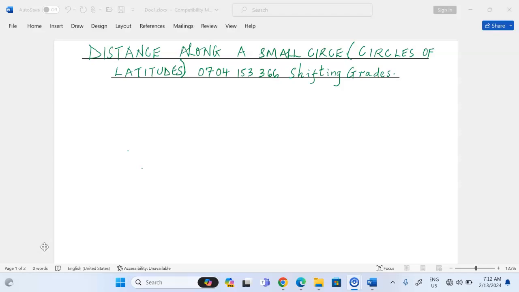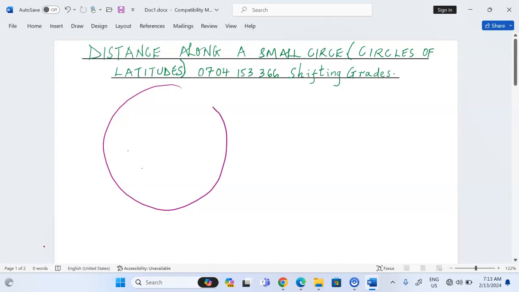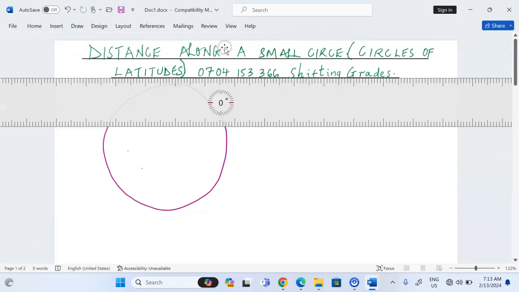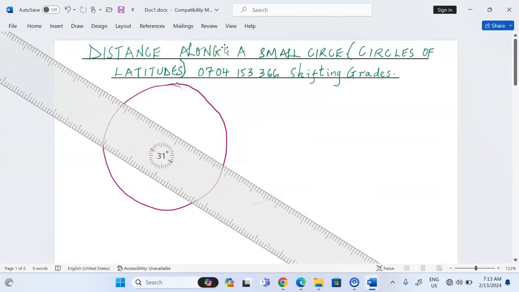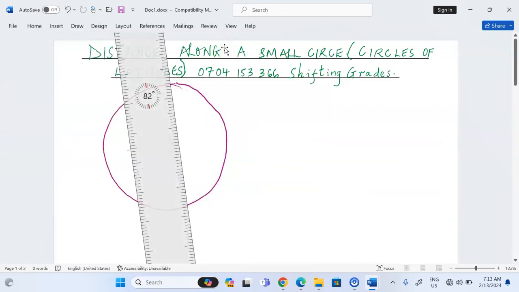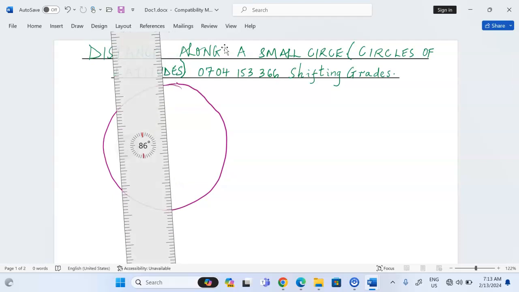So first of all, I would like to sketch the sphere of the Earth. If this is the globe, then we can have the axis of the Earth. Let me use a straight line to draw the axis of the Earth. This is the axis of the Earth.